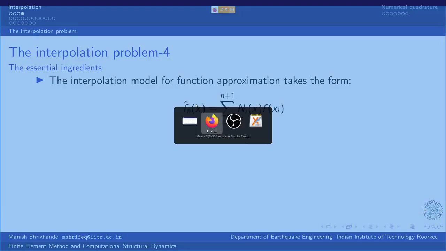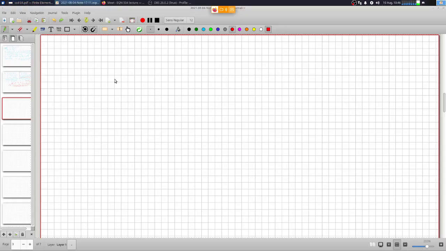So the function f of x is approximated as an nth degree polynomial in x.